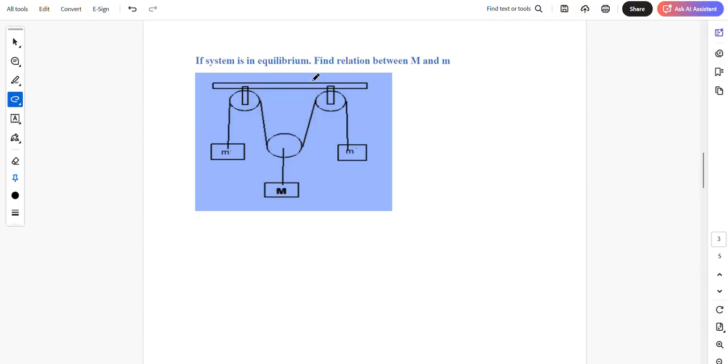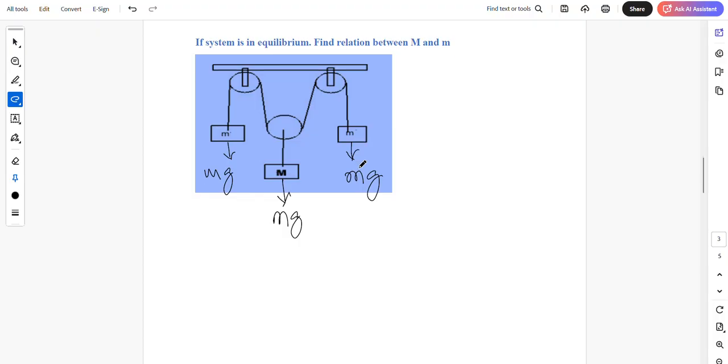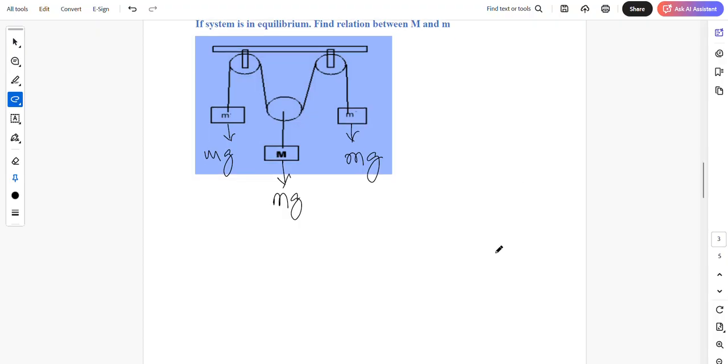If the system is in equilibrium, find the relation between M and m. Where is m? This is m, and its weight is mg. This is small mg here. Now we are supposed to find the relation between this capital M and small m.